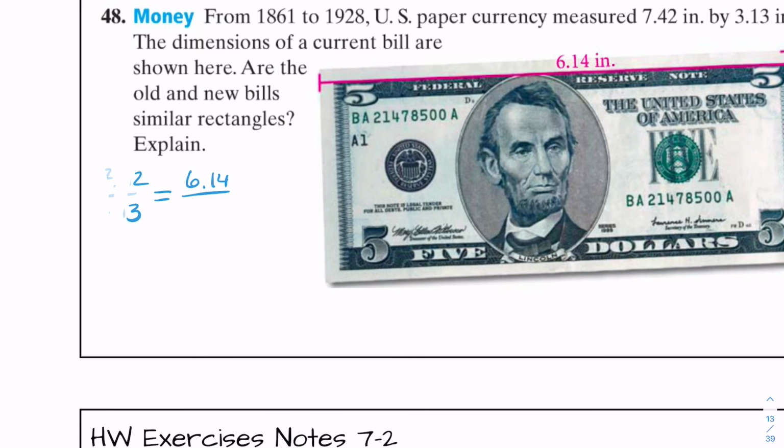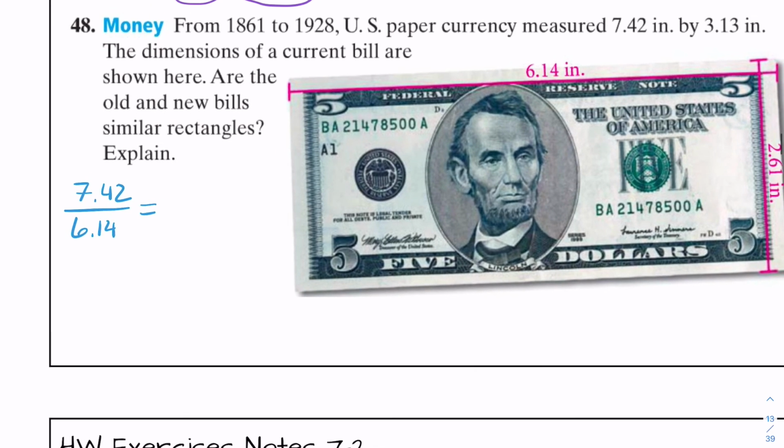I shouldn't be setting up within each one. I'm sorry. So I'll do 7.42, which is length, is to 6.14. It doesn't really matter for this, but I'll go from figure to figure. So 3.13 is to 2.61.